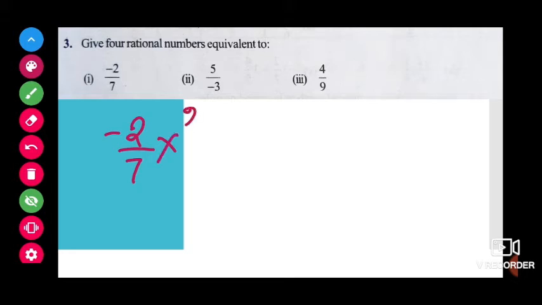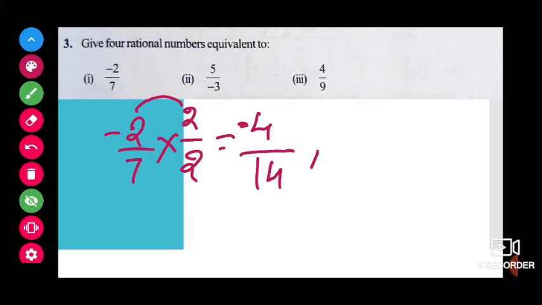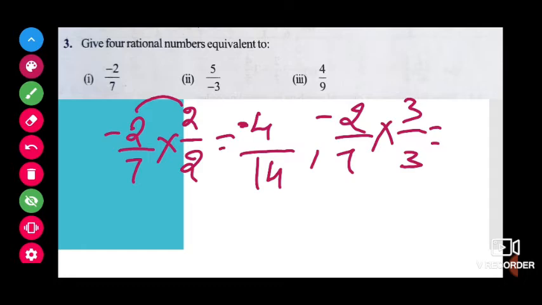So I will start multiplying with one number. First I will multiply with 2 by 2. Now minus 2 2s are 4 by 7 2s are 14. One more. To get one more, minus 2 by 7 into 3 by 3. That is minus 6 by 21.